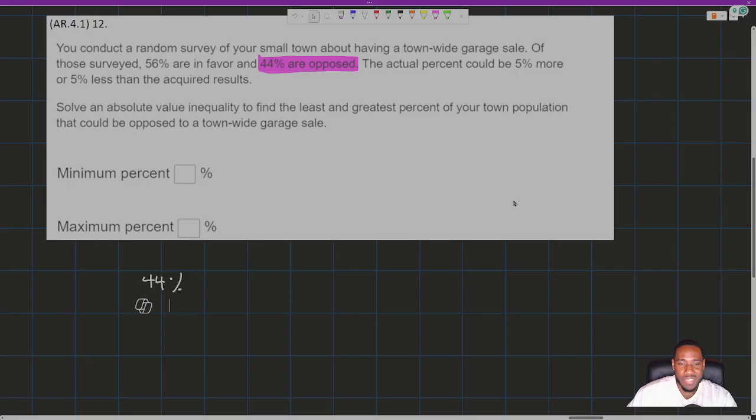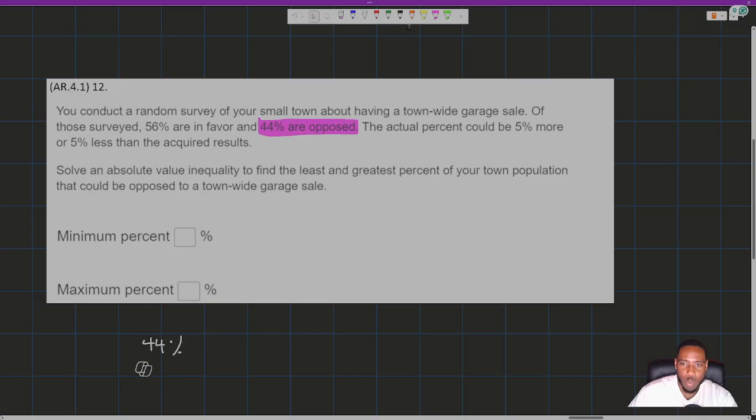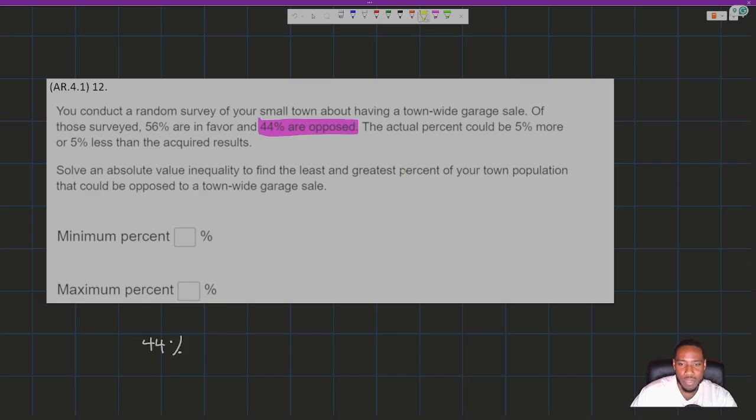So if we're writing this like an absolute value equation, right? What we know is X needs to represent the thing they told us, which is the least and greatest percent that could be opposed.